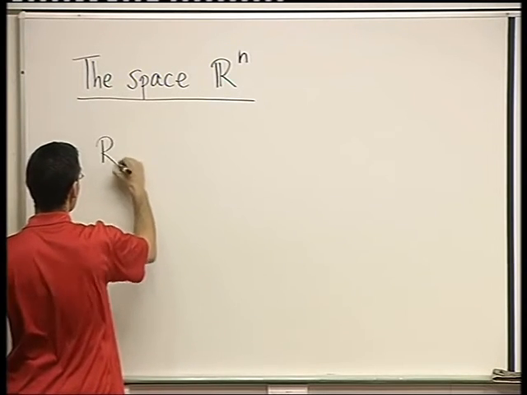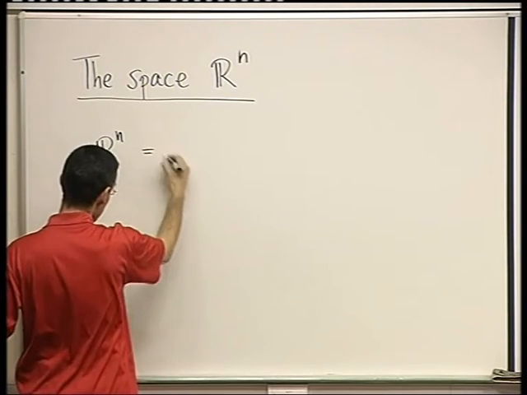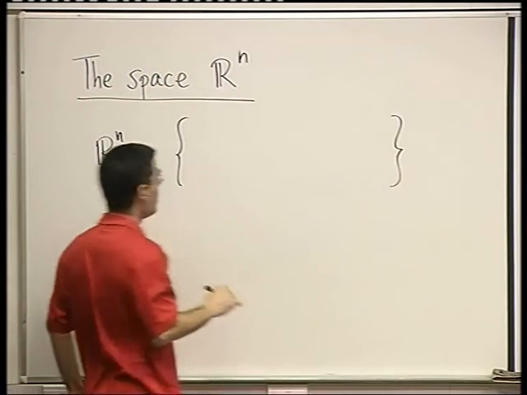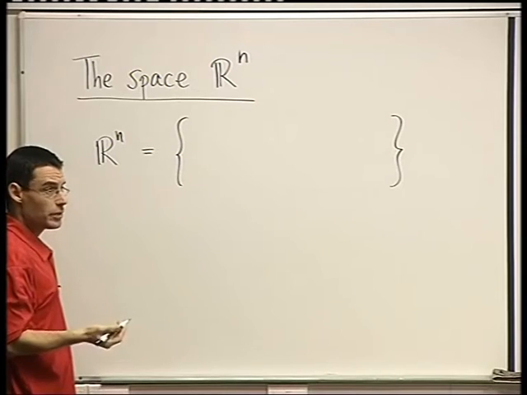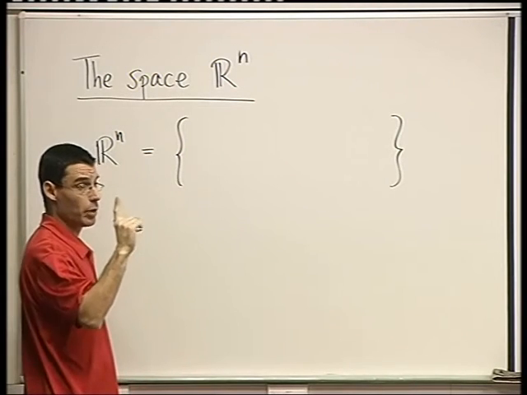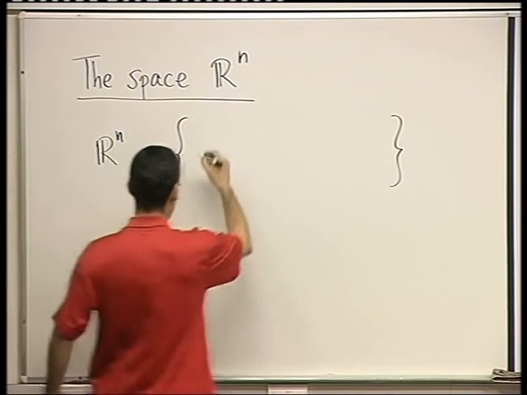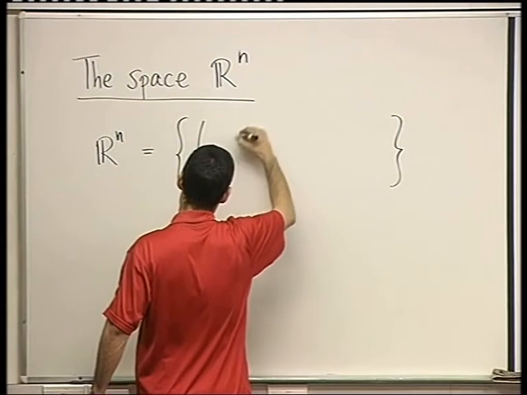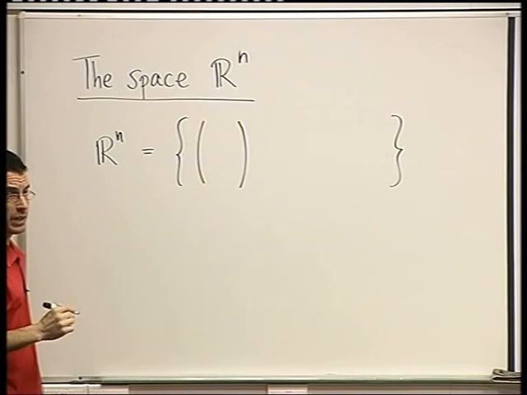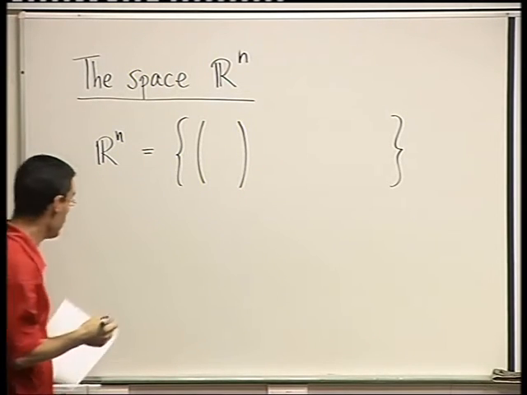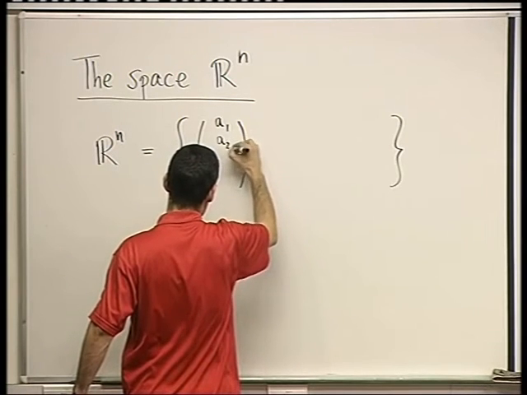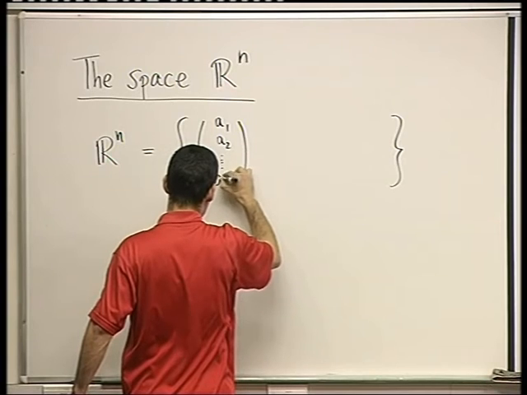By definition, Rn is the set of all vectors. Remember that a vector is a matrix with only one row or only one column. That's how we thought of them. I'm going to write it as a column vector, but you could write it as a row vector. It doesn't really matter. All the column vectors of the form a1, a2, all the way to an.